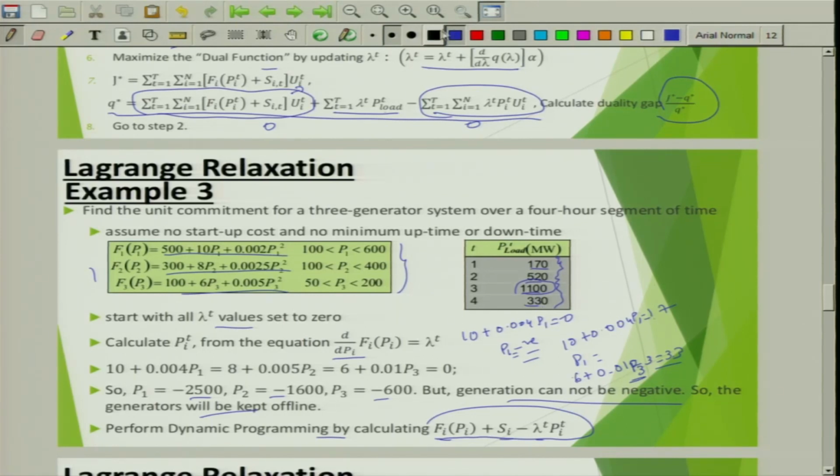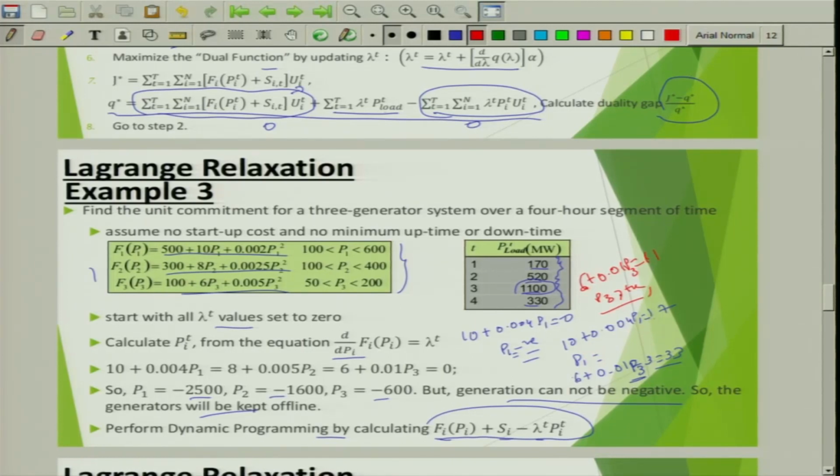So for the third hour, for the third generator, for example, what you are getting is 6 plus 0.01 P3 is equal to 11. That means P3 is positive here, because 11 minus 6 is 5, 5 by 0.01 you will get some positive number.